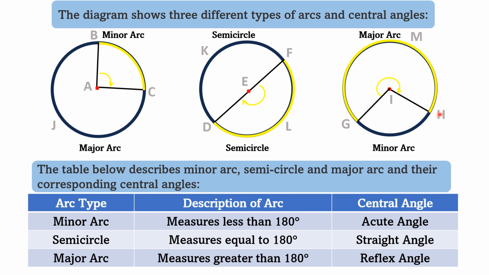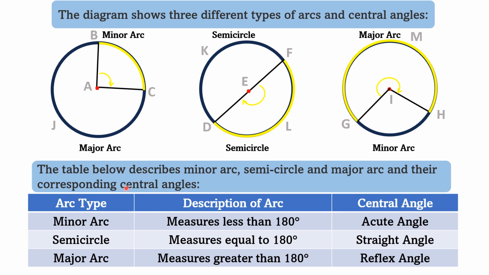On the third figure, the yellow arc is a major arc. Its name is arc GMH or arc HMG. And the small arc, which is the minor arc, is arc GH or arc HG.